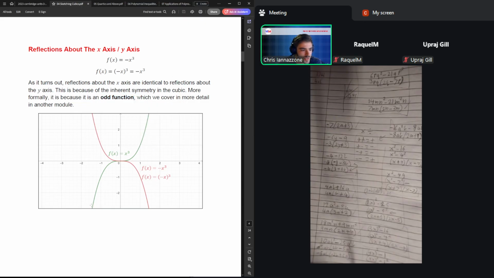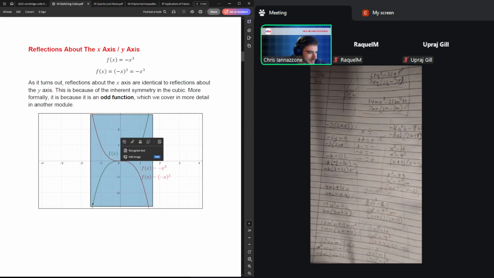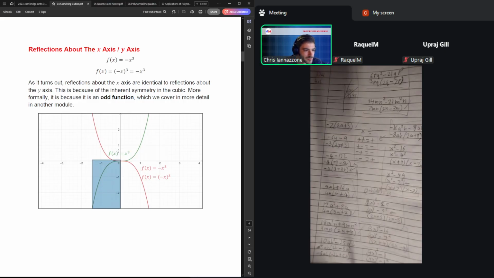Any function that has this sort of, I don't really know how else to describe it other than sort of diagonal symmetry. You can see how it's like one thing here and then flipped in the other quadrant. If it has that sort of symmetry to it, then whatever reflection you apply, whether it's about the x or about the y, will be identical.